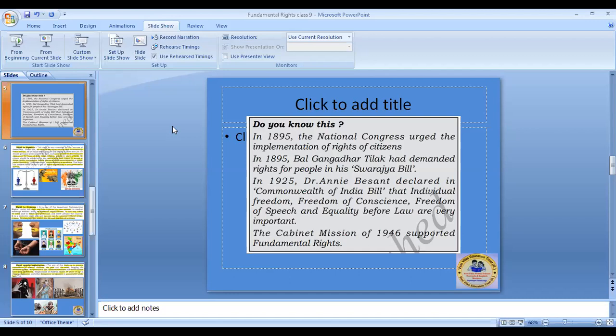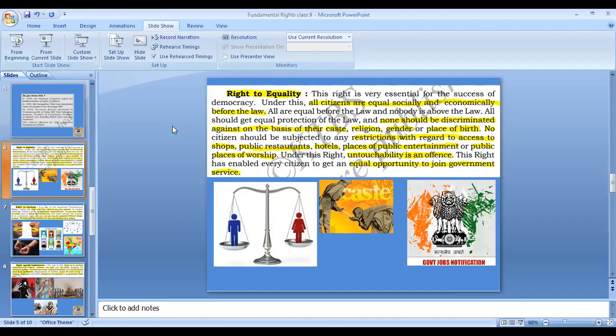In 1925, Dr. Annie Besant declared in the Commonwealth of India Bill that individual freedom, freedom of conscience, freedom of speech, and equality before law are all very important. The cabinet mission of 1946 supported fundamental rights, and today we have fundamental rights in our Indian constitution. So we will come to the first right, that is right to equality.